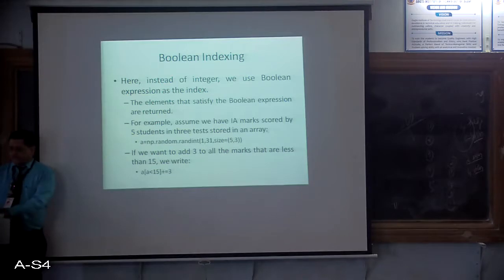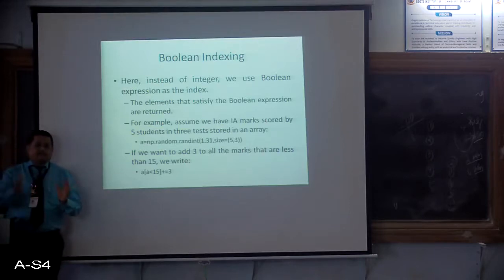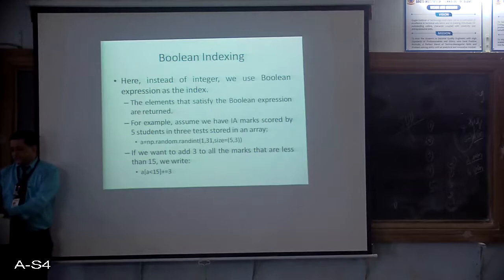The marks are between 1 and 30, maximum marks being 30. So I want to generate random numbers within the range 1 to 31, and I want to create a NumPy array of the order 5 by 3.